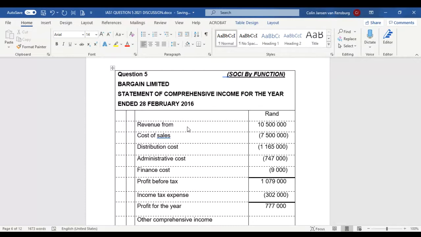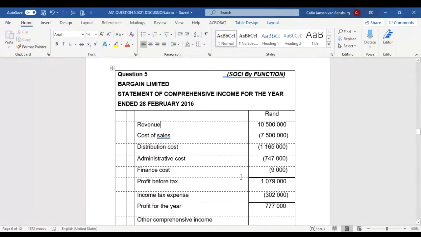Or you could have said revenue from services rendered, and if that is the only kind of revenue that you generate, then you could specify it there, and then you do not need a revenue note. But as soon as you've got more than one kind or more than one source of revenue, and you are combining them for the line item on the face of your statement of comprehensive income, then you have to have a revenue note, right?